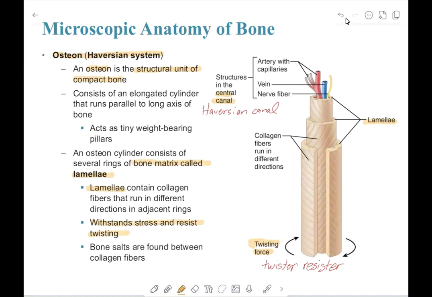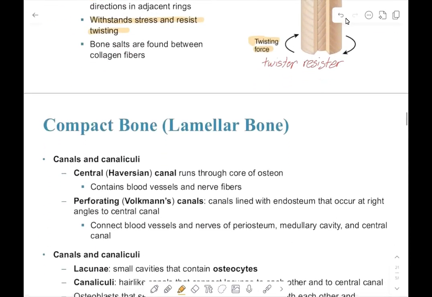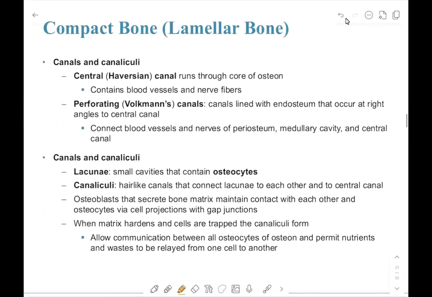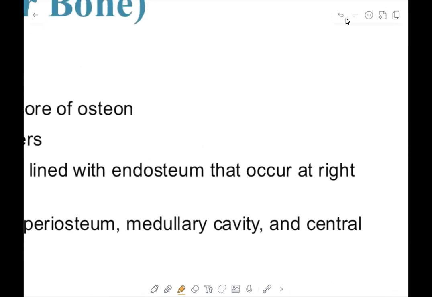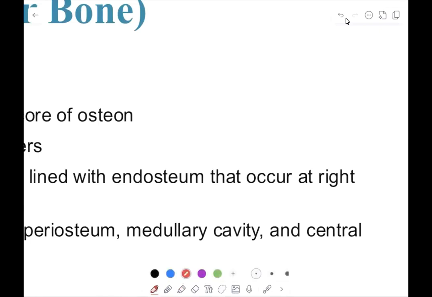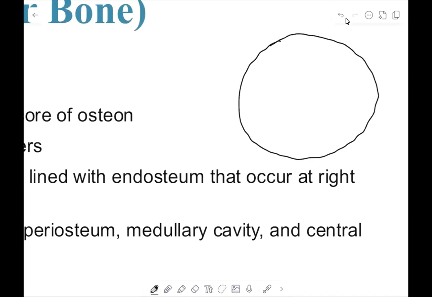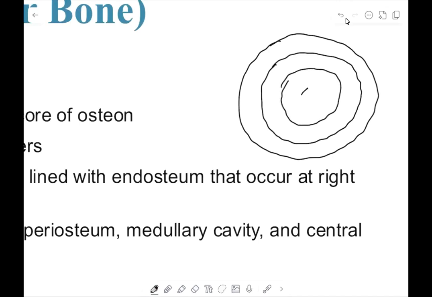So when we look at compact bone now, we're going to look at it from a different view. And again, compact bone is also called lamellar bone. The way I want you to kind of imagine it is if we are looking at a dartboard. So I am going to draw a circle. And within that dartboard, we have all of these different rings here that we're going to see.